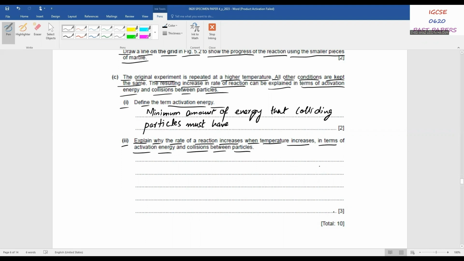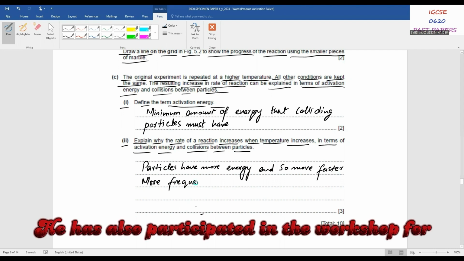So first of all, you will write particles have more energy and so move faster. So next point, more frequent collisions. It's very important.